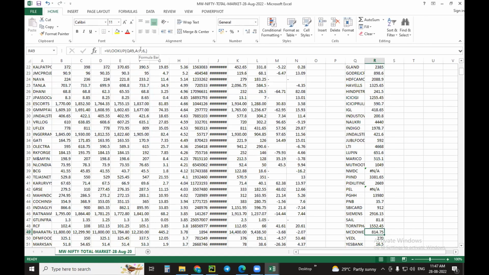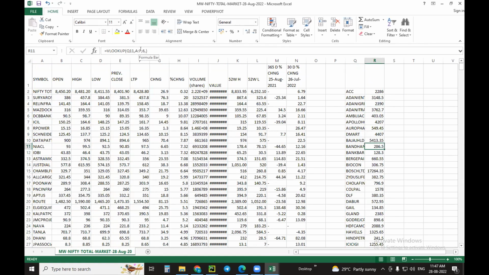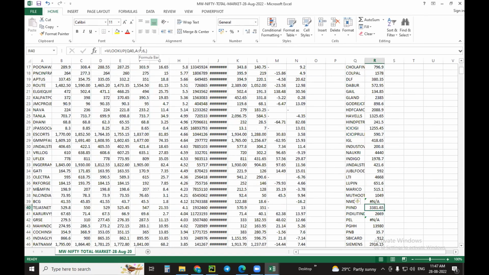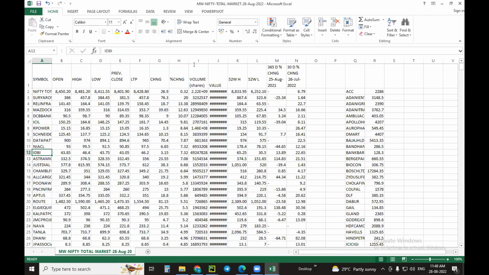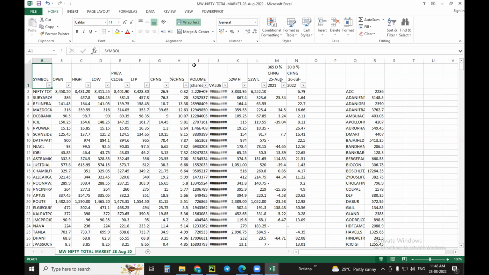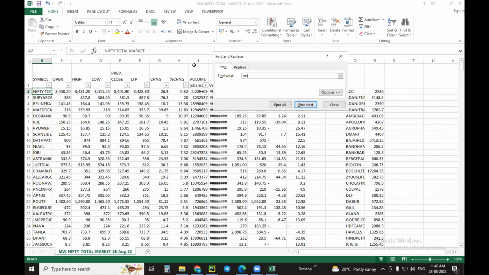Those names have changed. NMDC. Tell why they are not there. Get the NMDC price manually. It's not there. You have to go and search. Go and search in NSE.